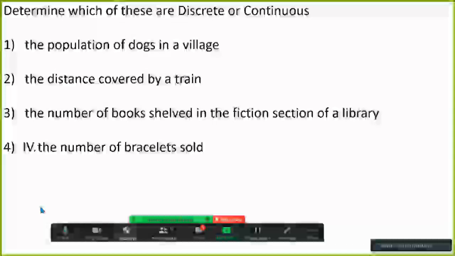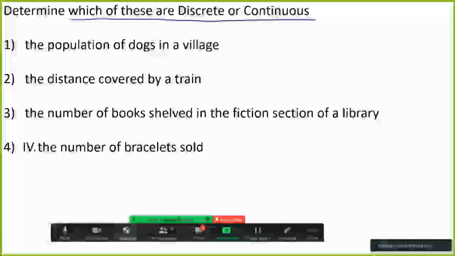Okay, so let's do this quick activity. Determine which of these are discrete or continuous. Now, the question is, are they measured only in whole numbers? Or is it more like the water draining out of the tank, where it's not measured in whole numbers, it is constantly, continuously dumping out water?